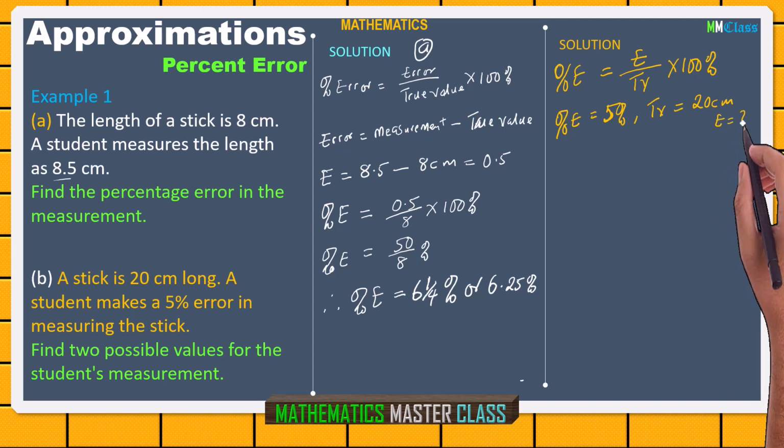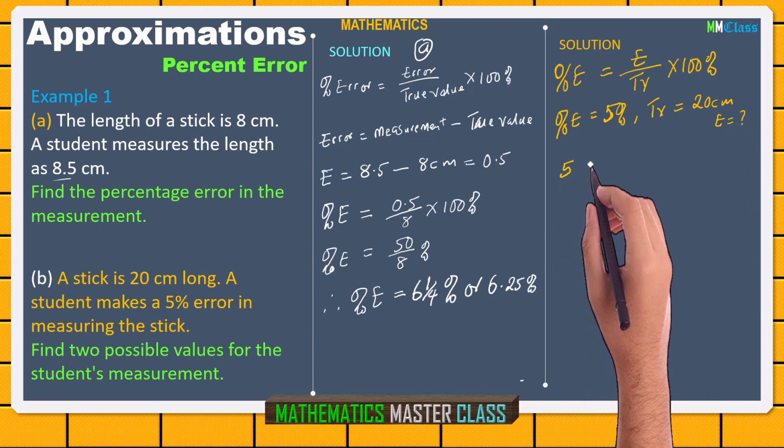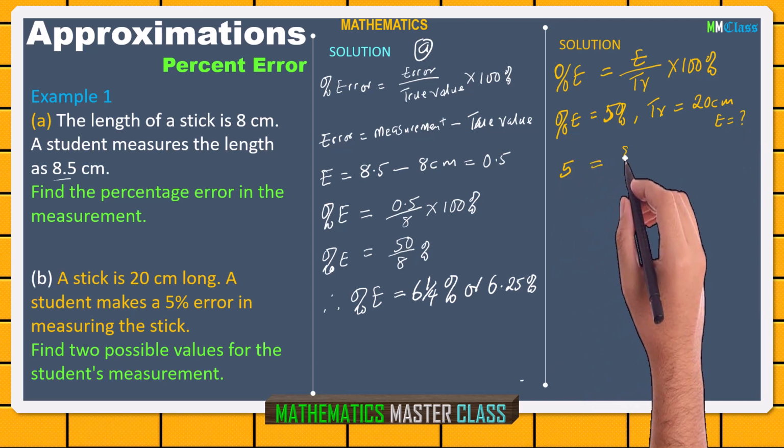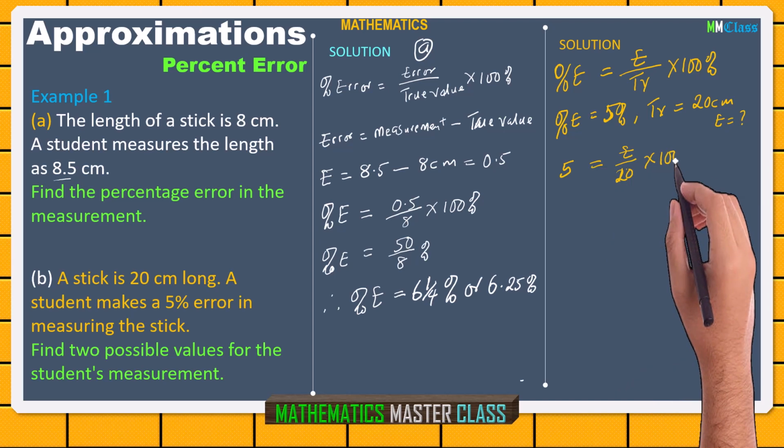So how do we find the error? We substitute all of this into the formula. So we have 5, now the percent is already there, is equals to E over 20 times 100%.